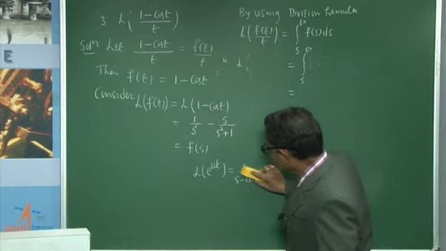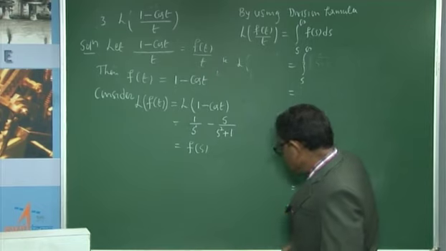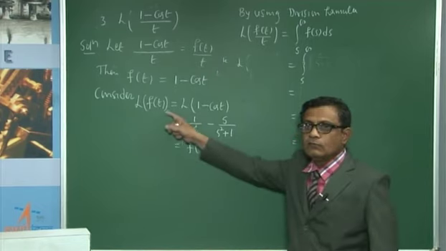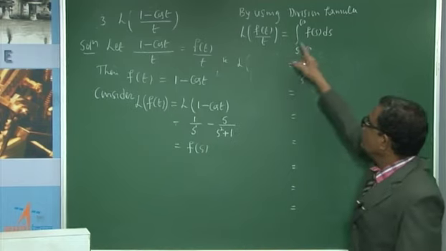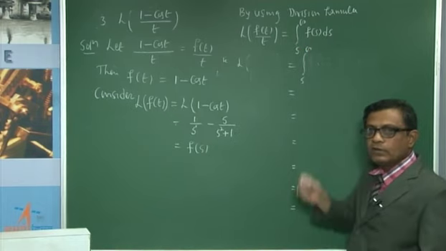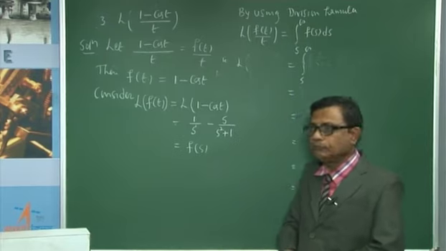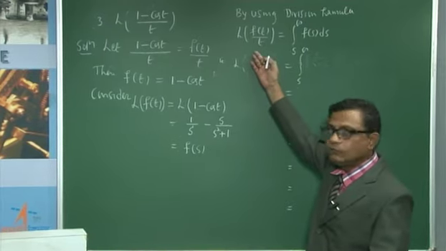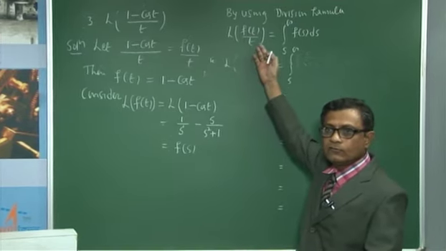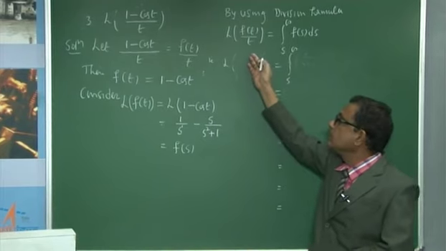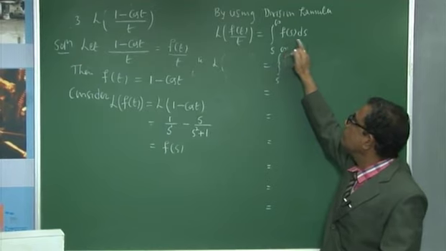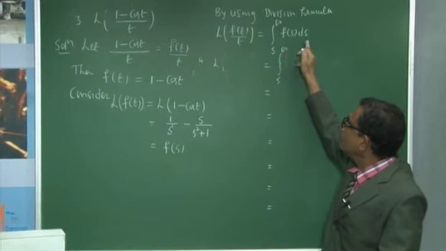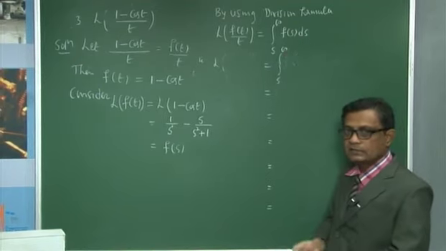Now this is your f of s, L of f of t equal to f of s. Now use the division by t formula. What is your division by t formula? L of f of t by t is equal to the integration from s to infinity of f of s ds.